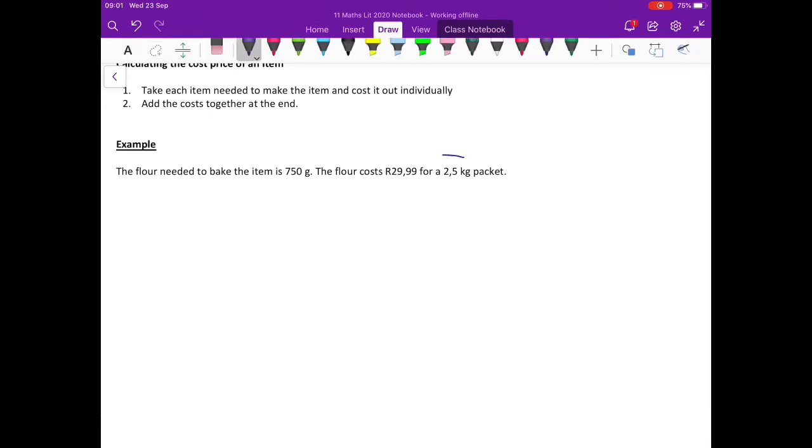So our fact is $29.99 for 2.5 kilograms of flour. Set up your equation. We want to know what it costs, so X rand for my 750 grams.